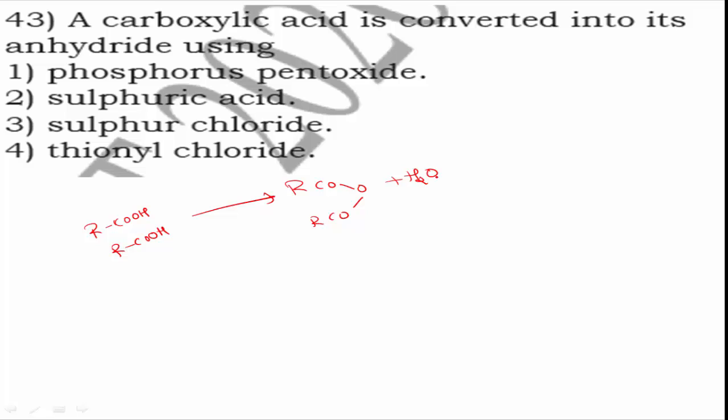This reaction takes place in presence of P2O5. Students, remember P2O5 behaves as a dehydrating agent, and in a particular reaction it results in the formation of acid anhydride.